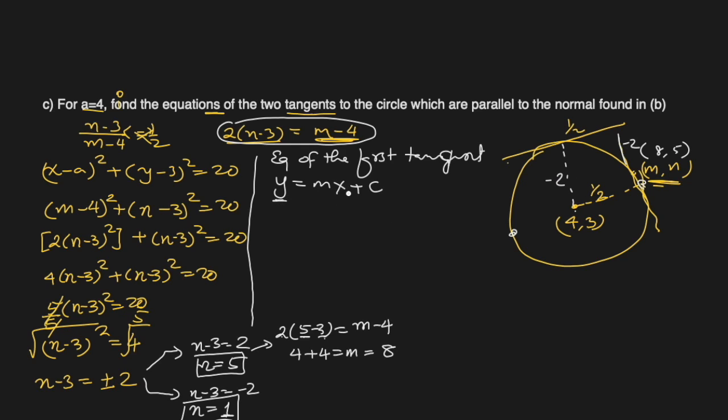And y we substitute as 5, x we substitute as 8. So 5 is equal to -2 times 8 plus c, minus 16, it goes here, 5 plus 16 equal to c, 21. So the equation of the first tangent becomes y equal to -2x plus 21.